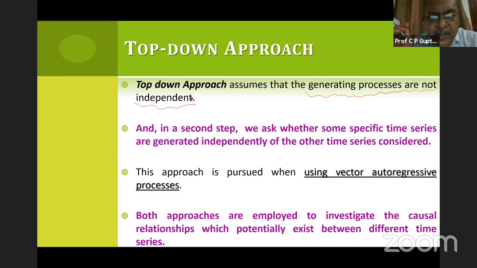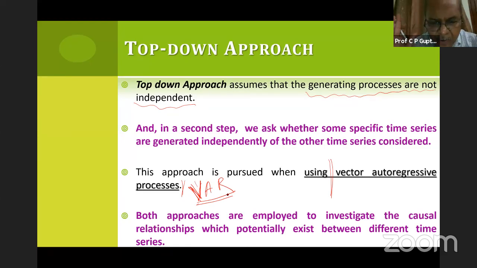This approach is pursued when we go for the vector autoregressive process, which in short is called VAR, which we are going to talk about a little later. Both approaches are employed to investigate the causal relationship which potentially exists between different time series. It's your choice. You can adopt any approach for establishing a cause and effect relationship.